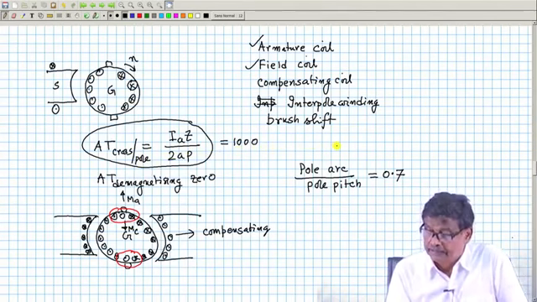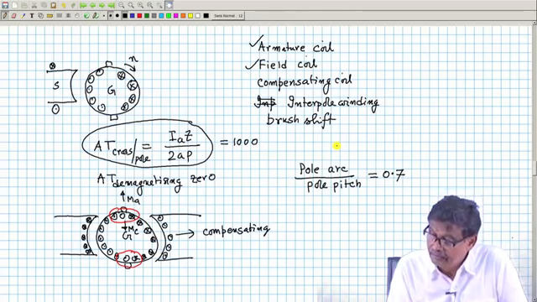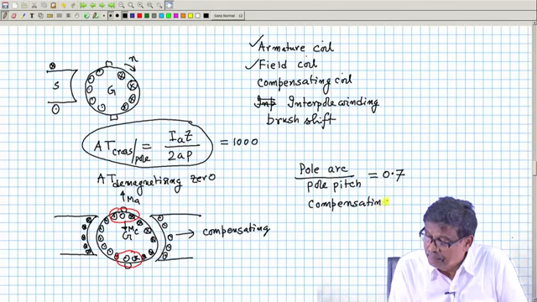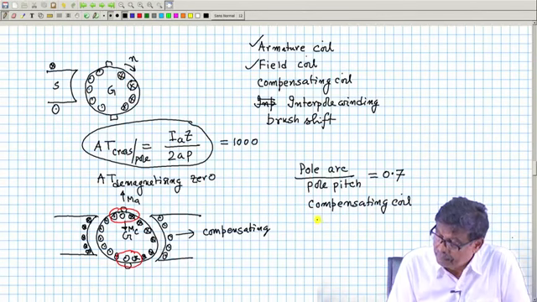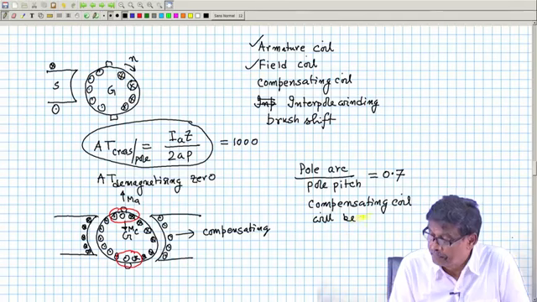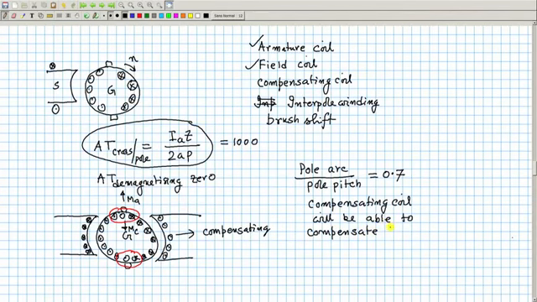Then the compensating coil will be able to compensate for 0.7 times 1000, that is 700. 700 can be compensated, because they are in this vicinity, close by.